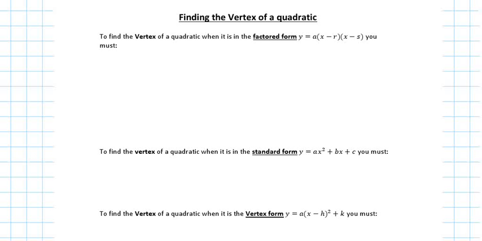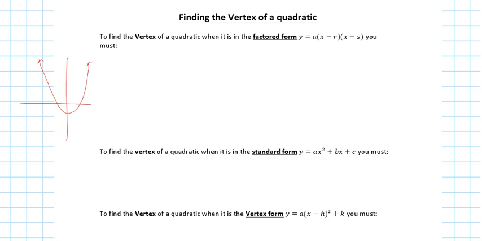So, what do I know about the parabola? Symmetrical. Good. It's a symmetrical shape, which means my points have to be equally distant from whatever my axis of symmetry is.